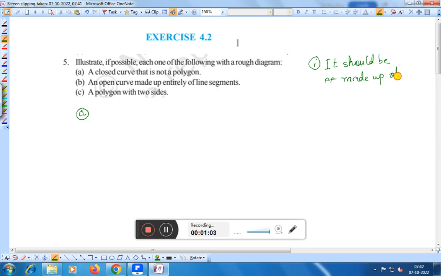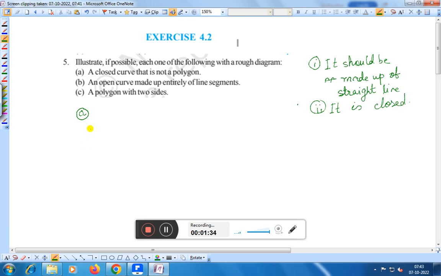And the second property is that it is a closed curve. These are the two properties of a polygon, right?